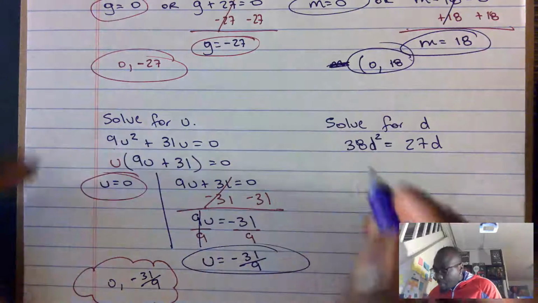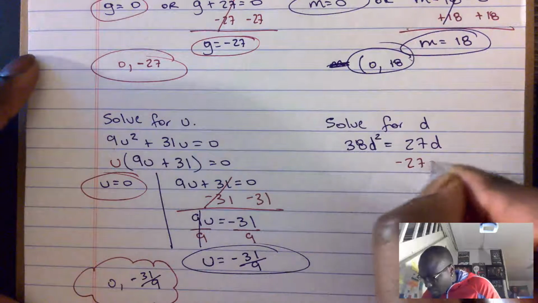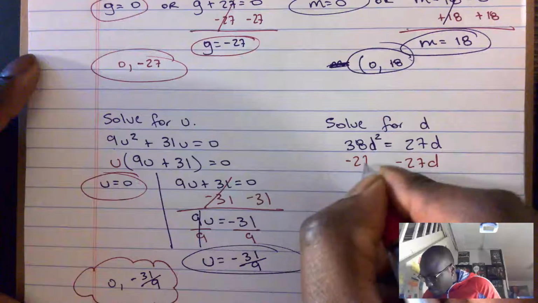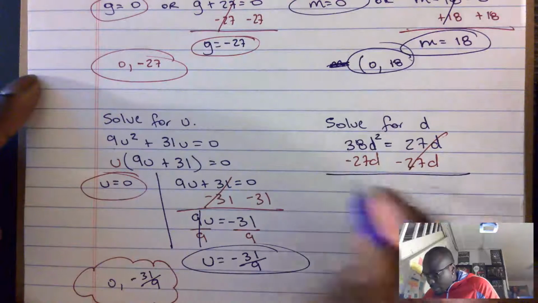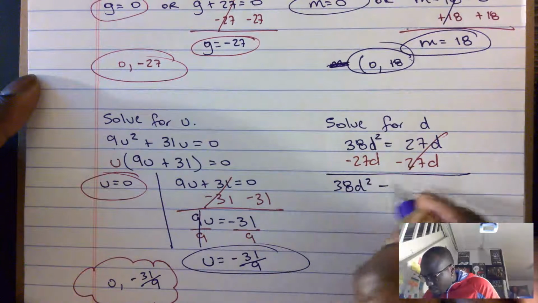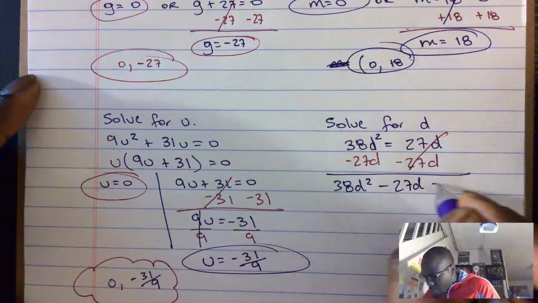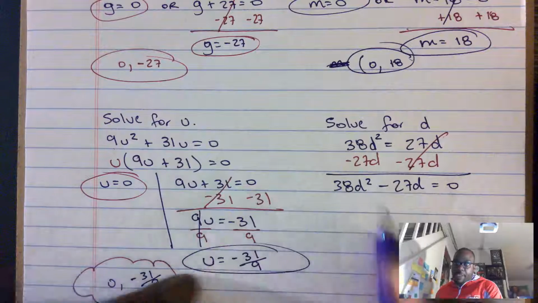Minus 27d, minus 27d. Once I do that, that cancels. So now all I have is 38d squared minus 27d equals 0. Now it equals 0, so I can factor here.